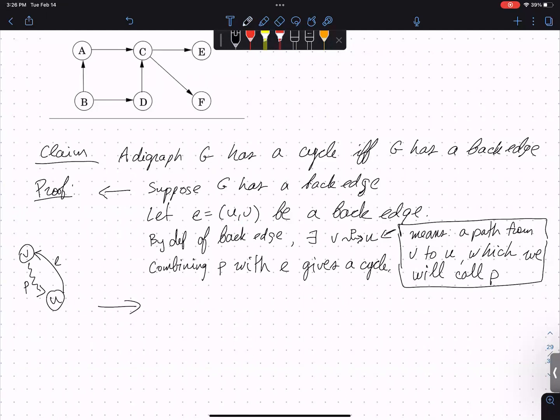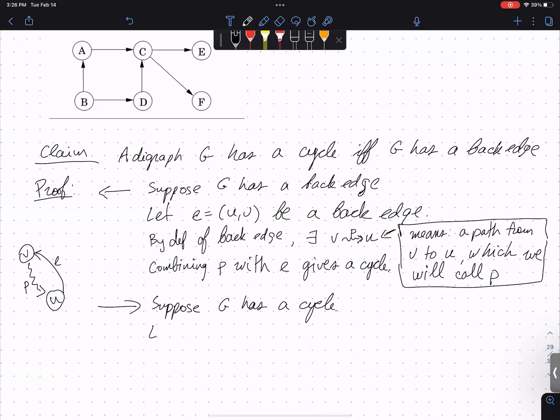Let's look at the other direction now. This one is a bit more tricky. We have to show that if there is a cycle, then there is a back edge. So let's suppose G has a cycle.